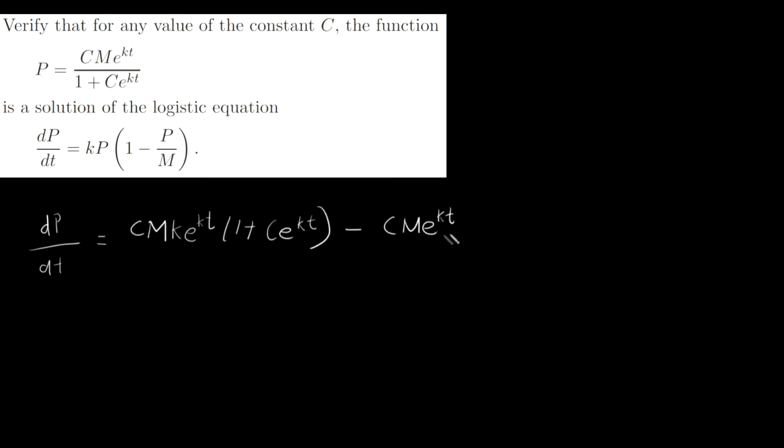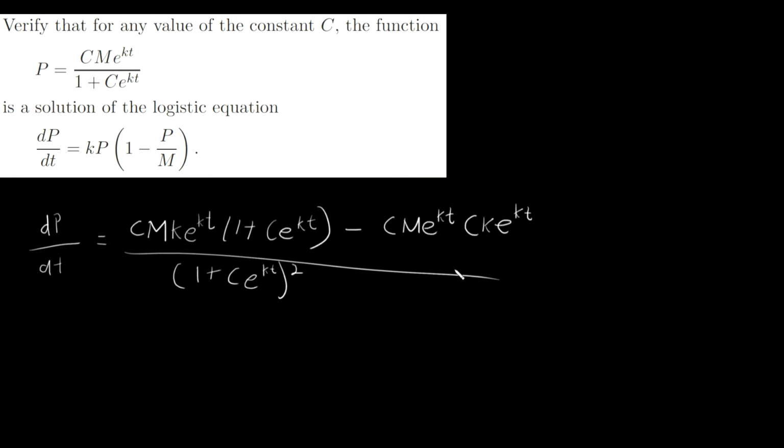It's just going to be ck, because the derivative of e^(kt) is ke^(kt) yet again. Then we put all of this over the denominator squared, (1 + ce^(kt)) squared.